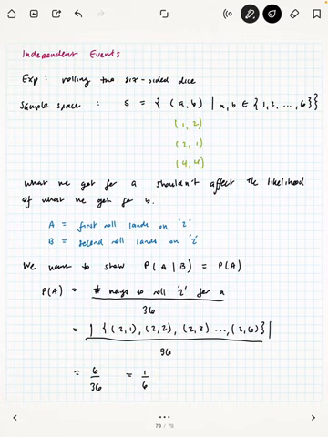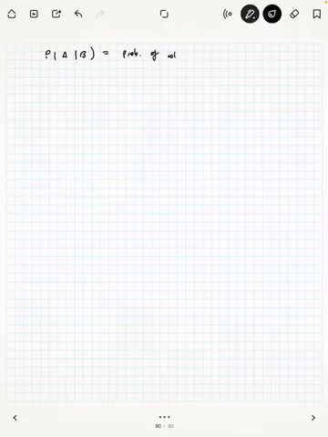And now we want to see what happens when we condition on B. So the probability of A given B has occurred is explicitly the probability of rolling a 2 for A when B equals 2.